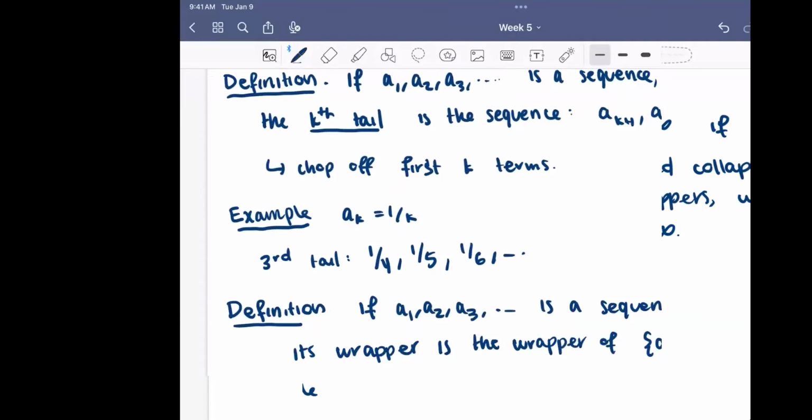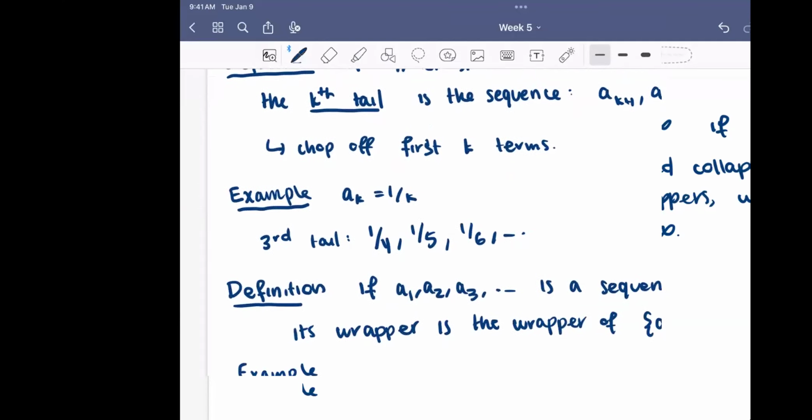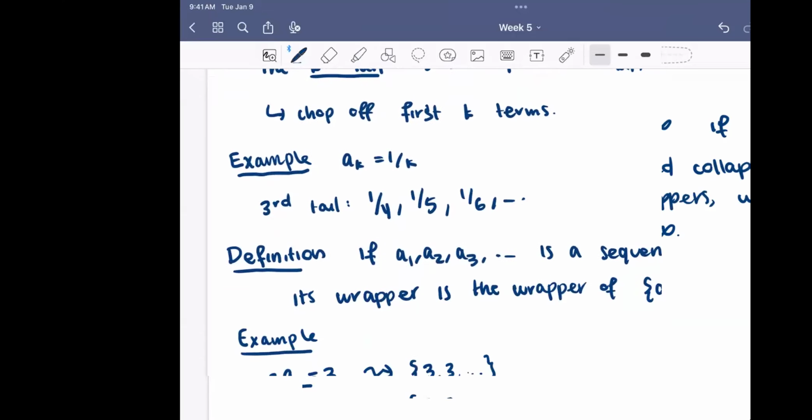I'm going to stick all of these inside of a set, so it'd just be an infinite list of 3s. Now with sets, the set doesn't know how many times a specific number appears in there. So the set with infinitely many 3s is the same thing as just the set containing 3.